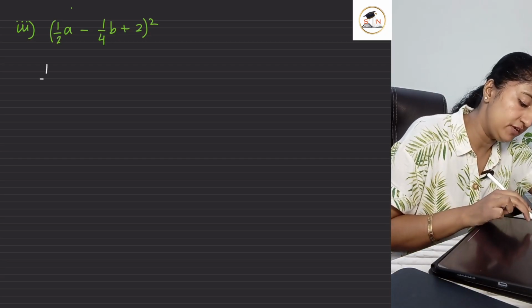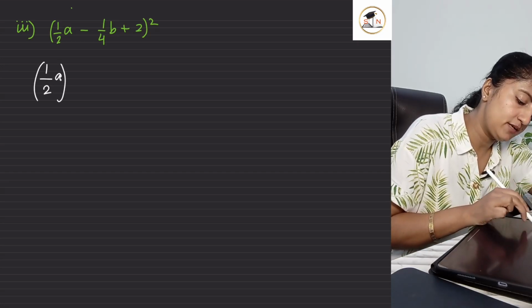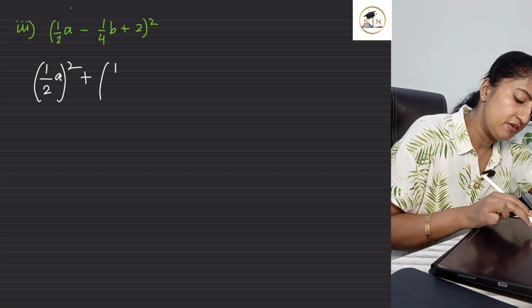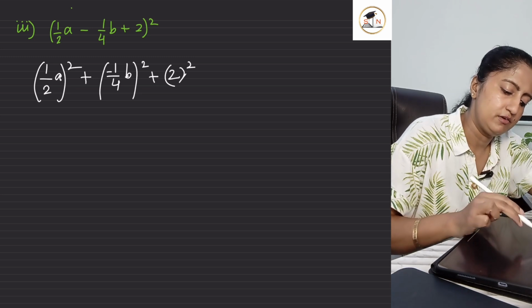What do we get? We get (1/2 A) whole square plus (minus 1/4 B) whole square plus 2 square, right?